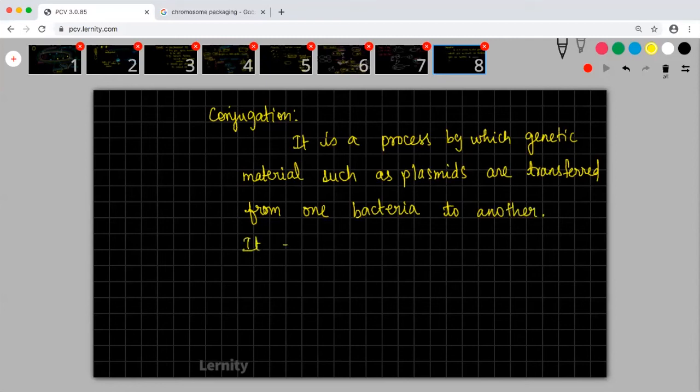It happens because of the pili. The pili creates a bridge of sorts.